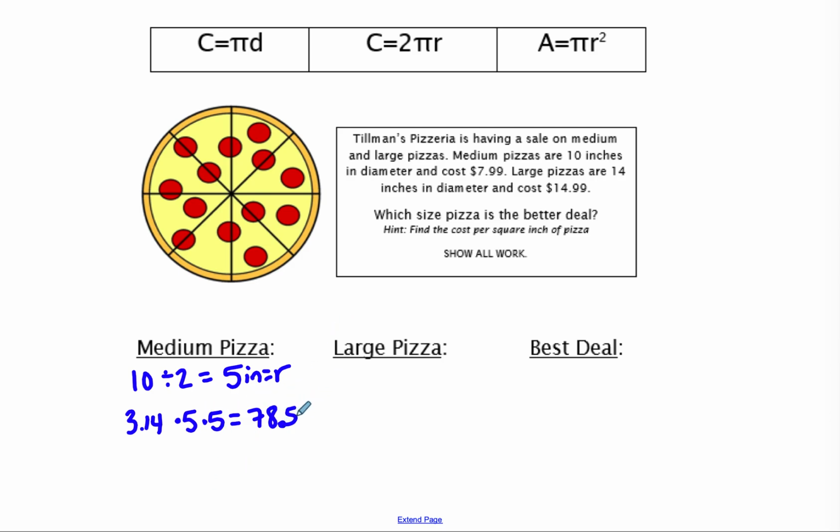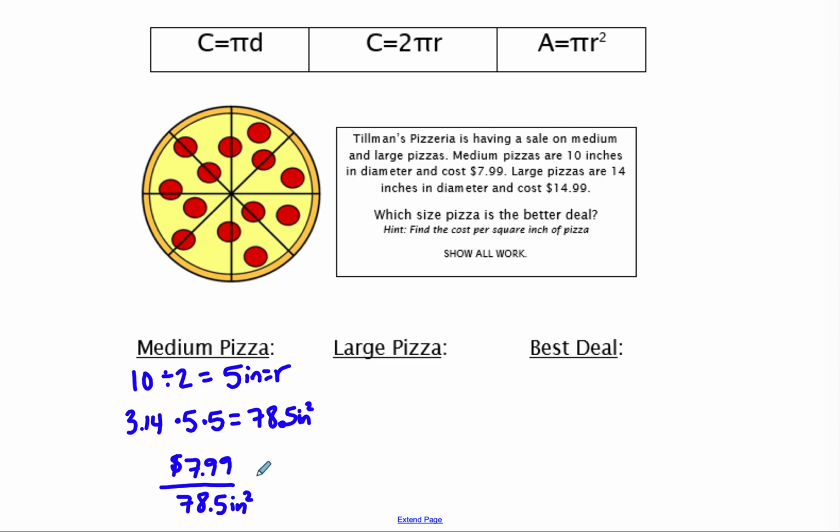Okay, so 78.5 square inches. That's the area. So to find a rate, to figure out what the better deal is, we have to divide the cost by the area. So $7.99 for the whole thing, divided by the amount of pizza we have, 78.5 square inches.